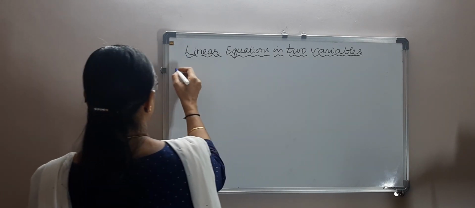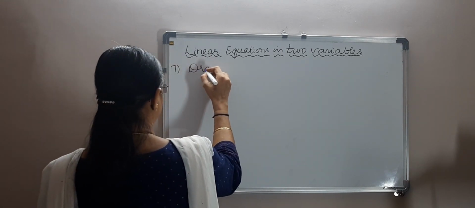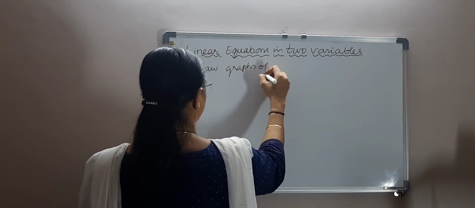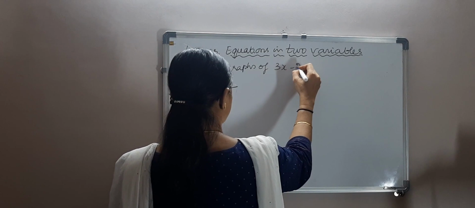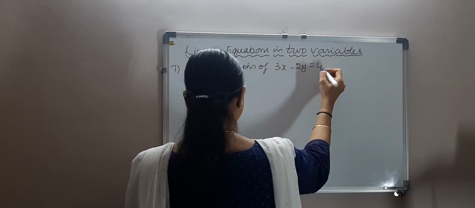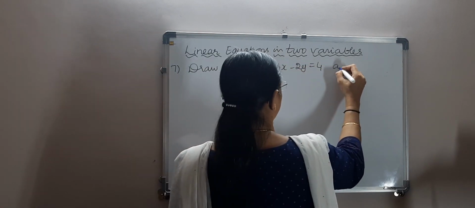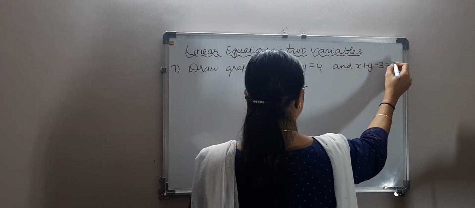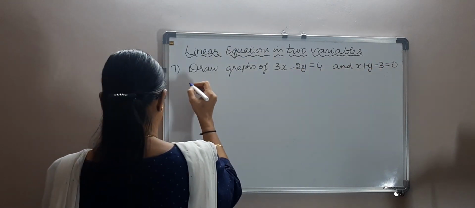Next, the 7th one is: draw graphs of 3x minus 2y is equal to 4 and x plus y minus 3 is equal to 0.